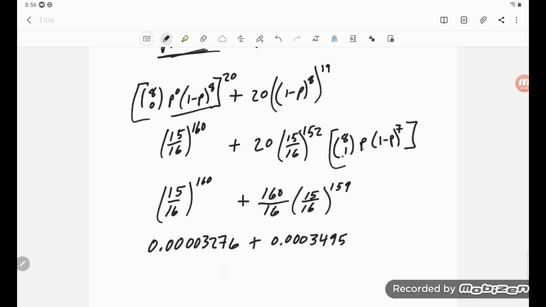Okay, so if we add those two things together, we end up with a 0.0003, and then 8, 2, I think, as I'm looking at this, 2 and 6. So we'll call it 3. So I believe we end up with that.